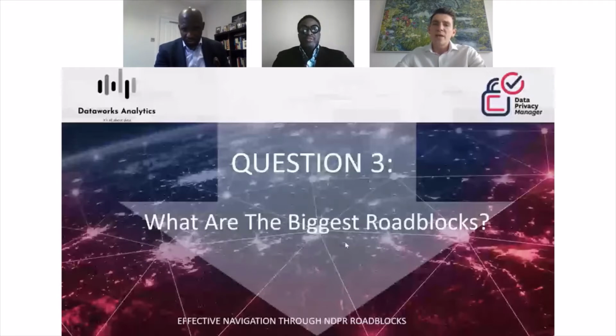I would say that the biggest roadblock has been the need to change, and it has been different for different types of organizations, depending on the industry and their risk maturity. We have seen industries like banking, communication, healthcare and media in the front rows trying to prepare themselves for the upcoming changes in the data protection regulation.